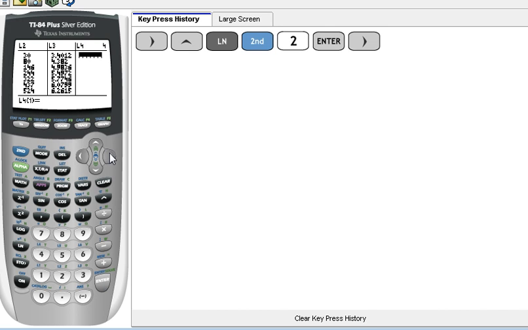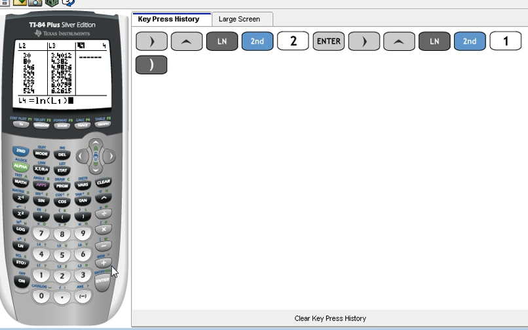We'll also load L4, going to the L4 cell with the arrows, and hit natural log second 1 since it is going to be holding the natural log of the x values.